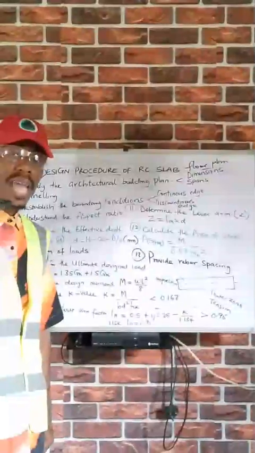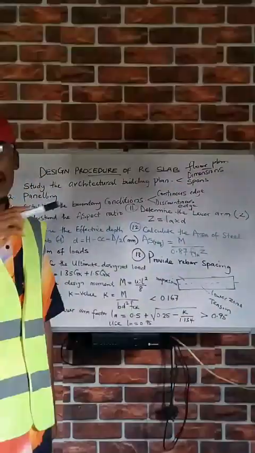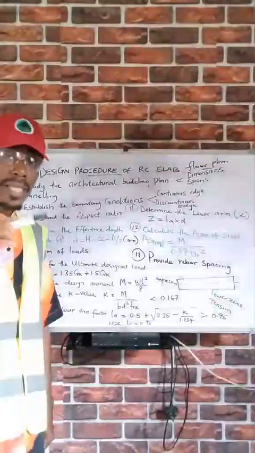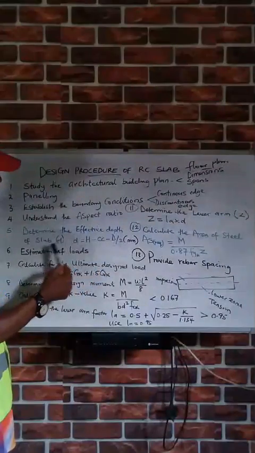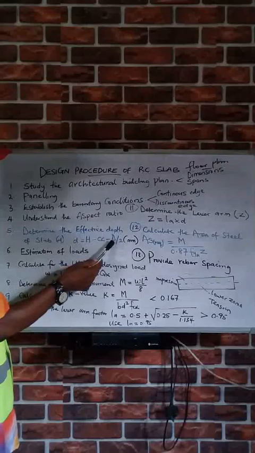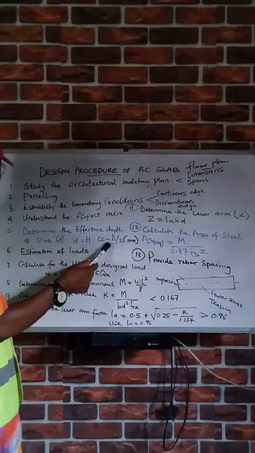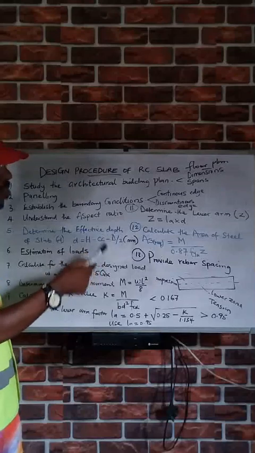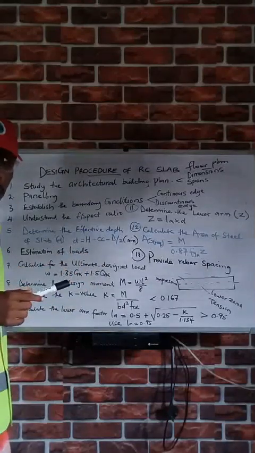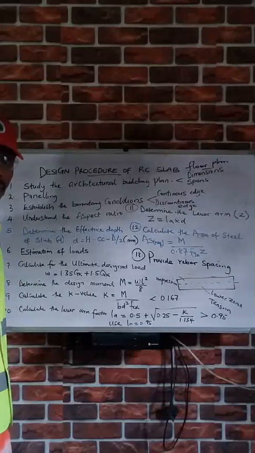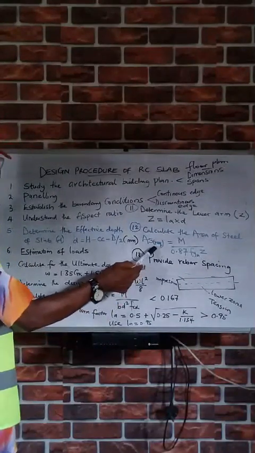Okay, so that will aid you to trace the spacing for that diameter of reinforcement that you have used to design. Remember, when you're calculating the effective depth, you consider a certain diameter of rebar. So that diameter is what you use as a reference point to trace the area of steel provided that is higher than the one that you have calculated here.